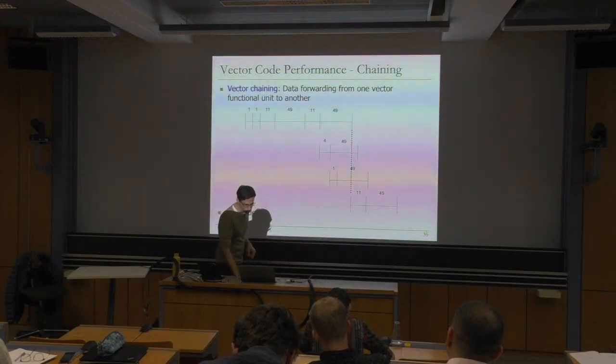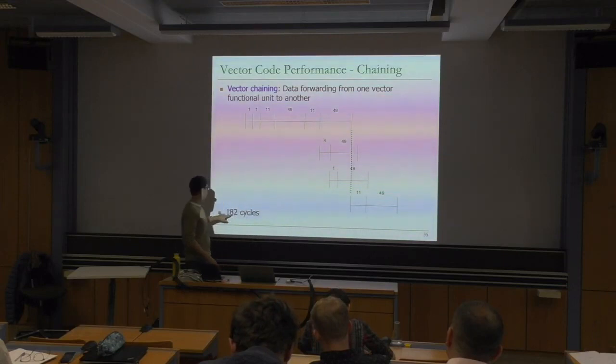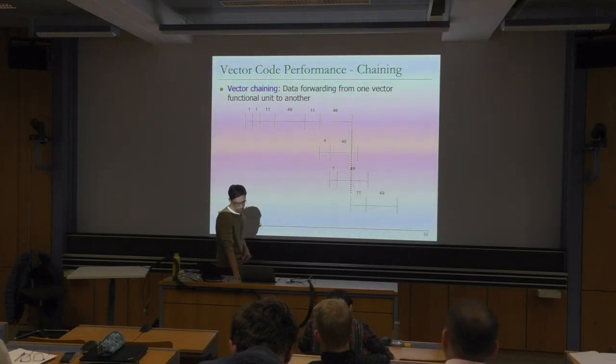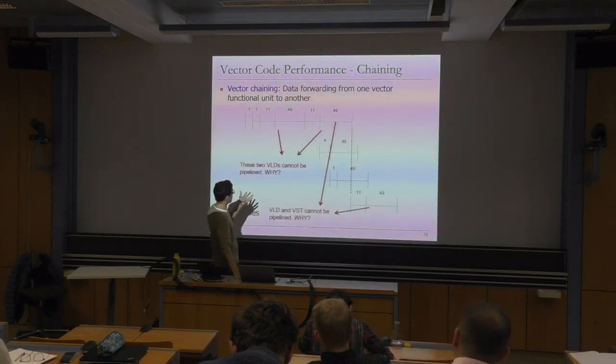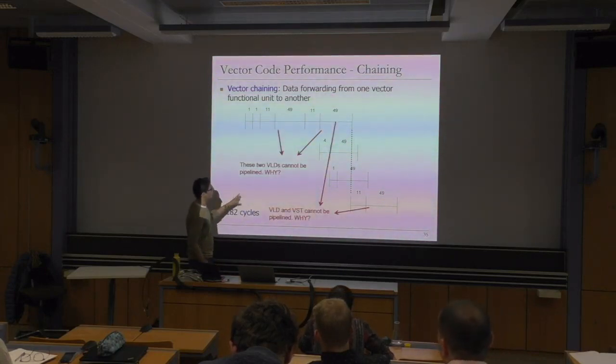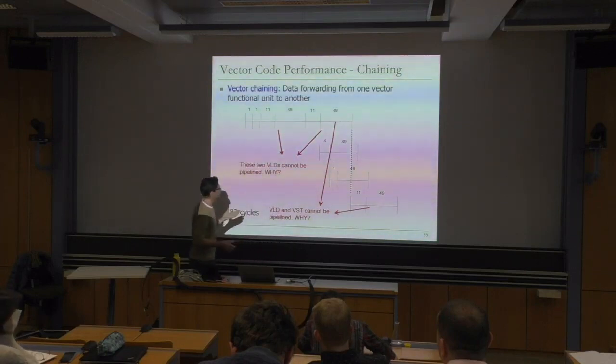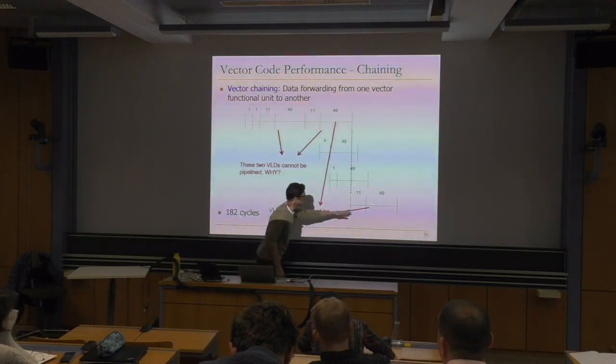This is 182 cycles, so like 100 cycles less than the previous implementation. But we still have some problems, and the problem is that we cannot parallelize memory accesses. You see that these two vector loads cannot be pipelined, cannot be in parallel, and this vector store is the same.